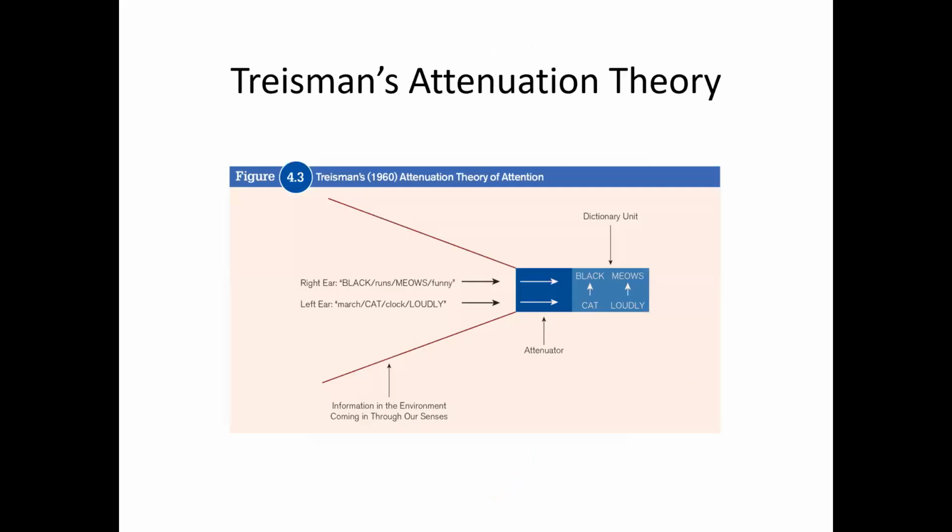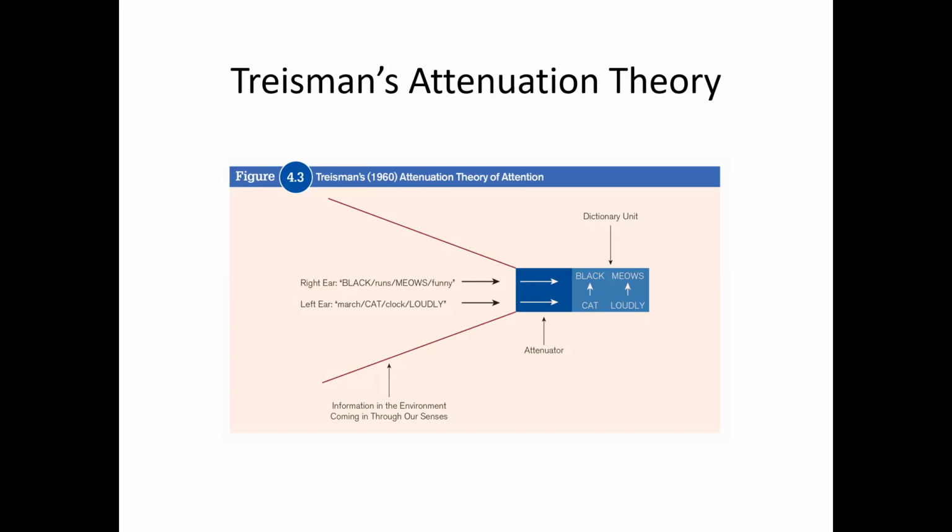So then we get to Treisman's attenuation theory. Anne Treisman was actually a student of Broadbent, and she was able to add to it. This attenuation theory is also called the leaky filter model of attention, L-E-A-K-Y, leaky filter model of attention.